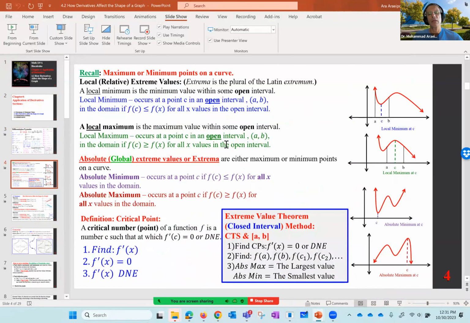Max and min, their formal definition, and also the extreme value theorem, which means if you have a closed interval and a continuous function, the process of finding absolute max and min is by finding f prime equals 0 or doesn't exist. In other words, the critical points, and then evaluate the function at the endpoints as well as the critical points. The largest value will be an absolute max, the smallest will be an absolute min.